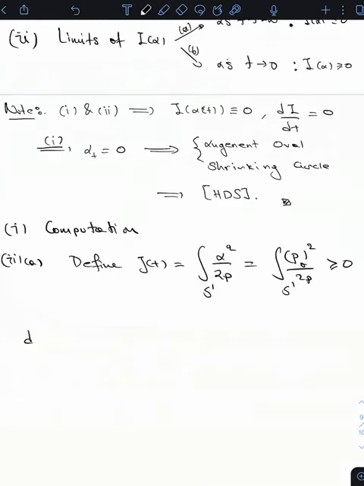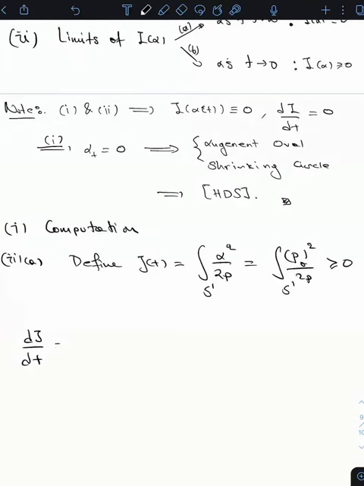So if I look at dJ/dt, okay, this is equal to the integral of alpha_t over 2p minus alpha squared over 2p squared times p_t.